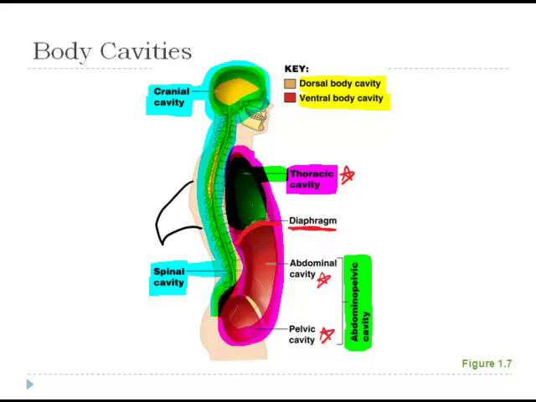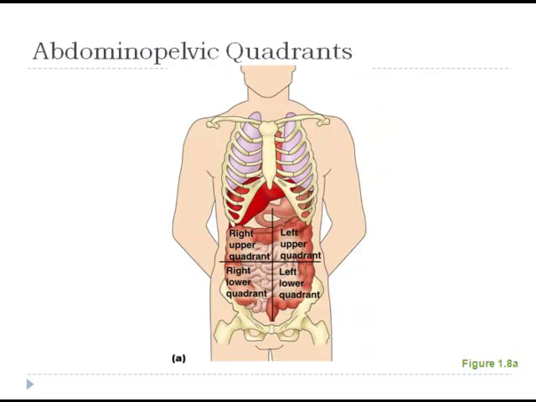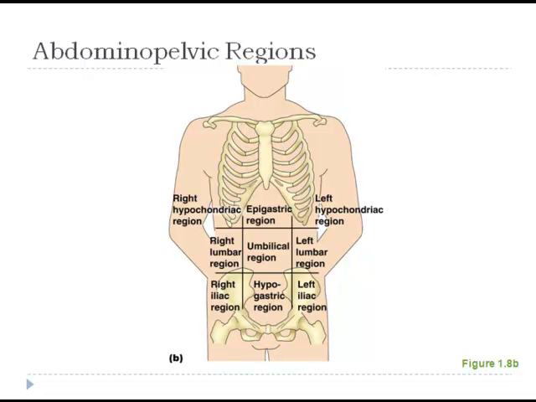Last of all, just let me point out that the abdominal pelvic cavity can further be split up into either quadrants, is one way that is split up, or also regions. In this case, in the regions, there are 9 different regions that are used to refer to different parts of the abdominal pelvic region.